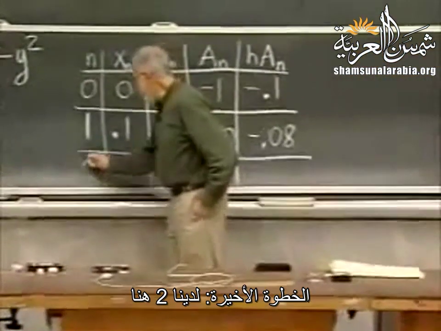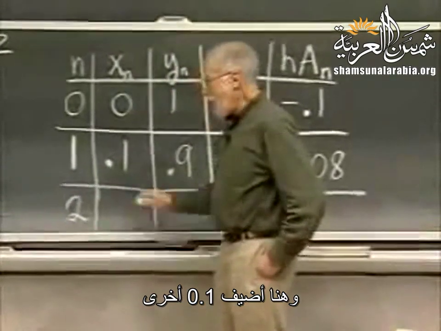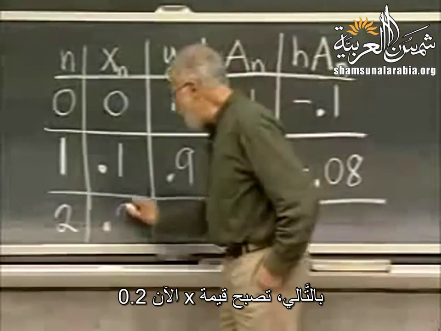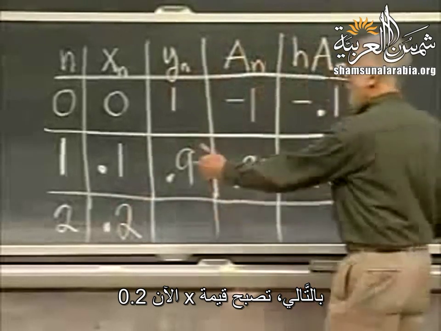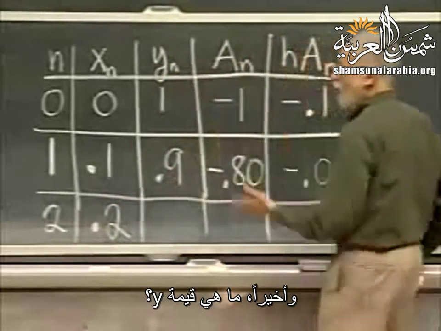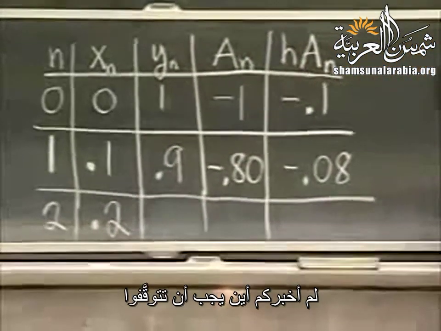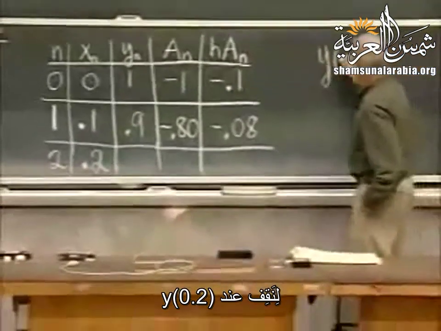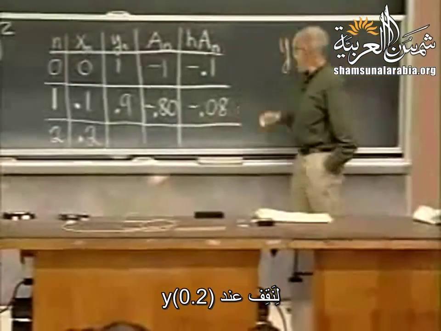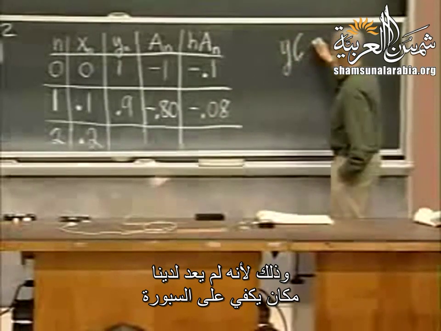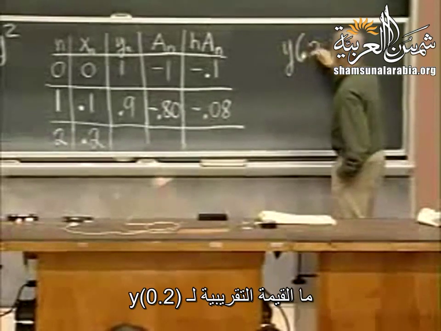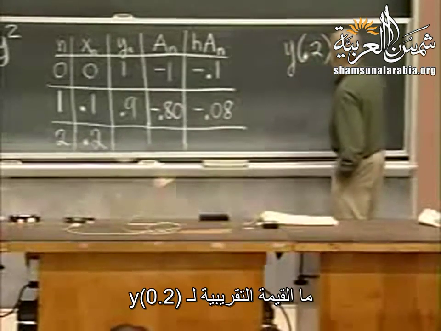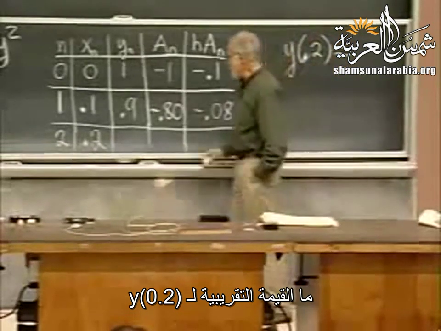And finally, the last step, here, add another 1/10, so the value of x is now 2/10. And finally, what's the value of y? Well, I didn't tell you where to stop. Let's stop at x of 0.2 because there's no more room on the blackboard. About approximately how big is that, in other words.